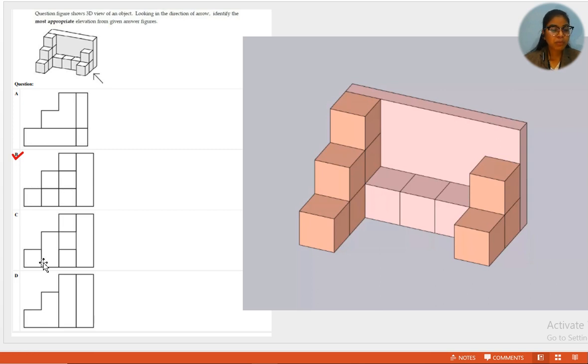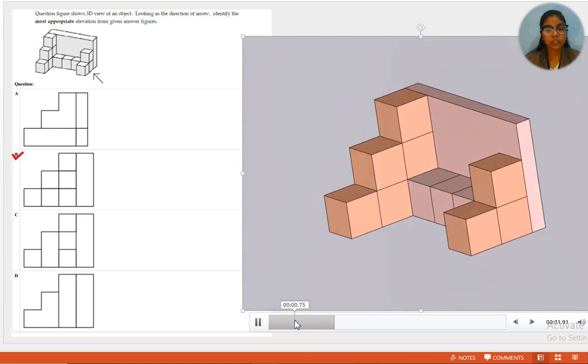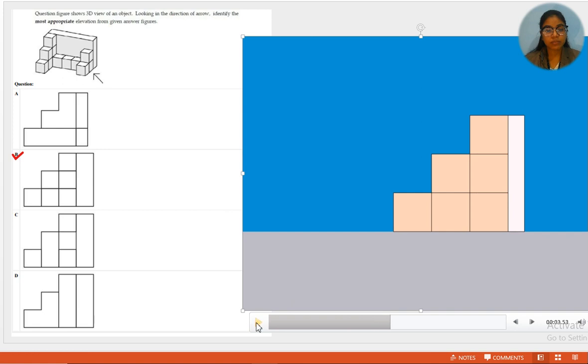So now look at option B. In C, you can see there is no line over here. And in D also you can see there is no vertical and horizontal line over here. So that's why C and D will be wrong, and option A will be your right answer. Sorry, B is the right answer. Now look from this direction.